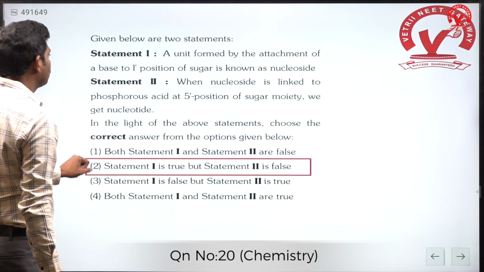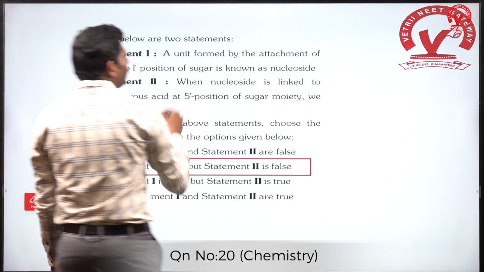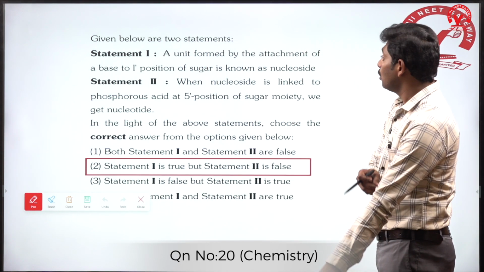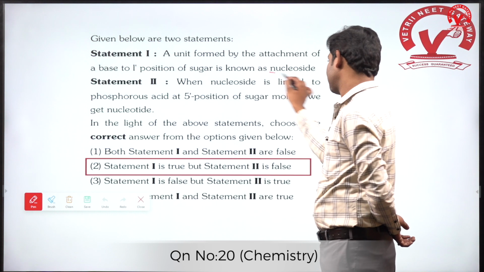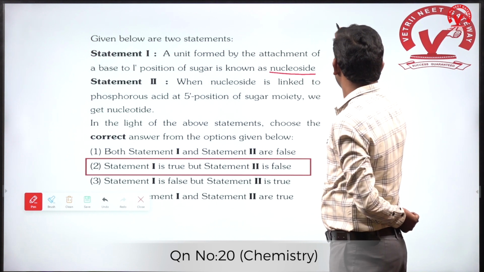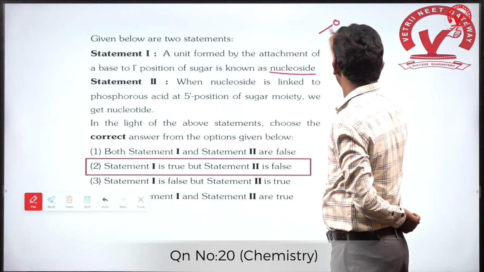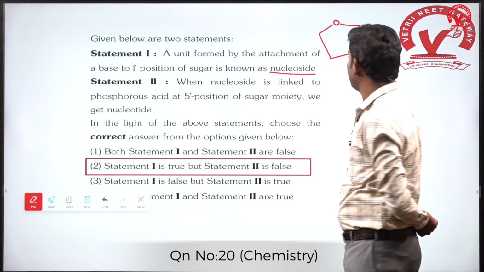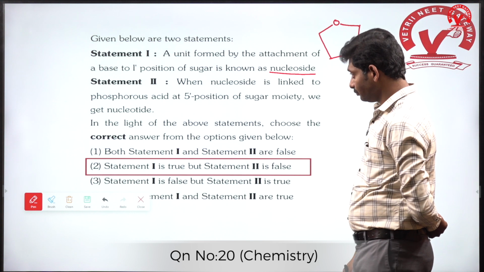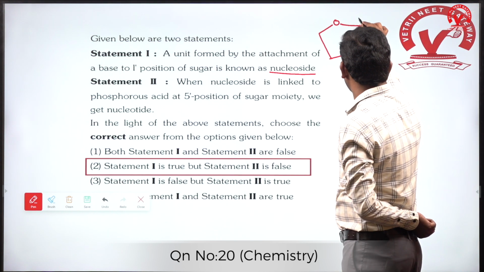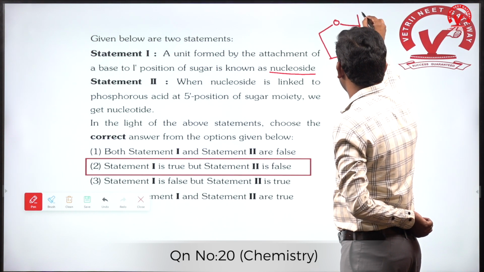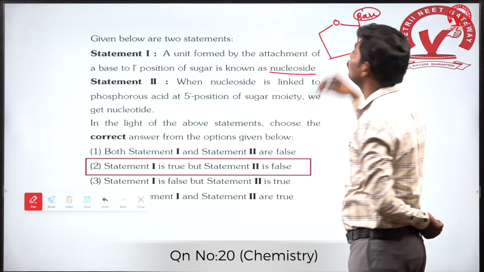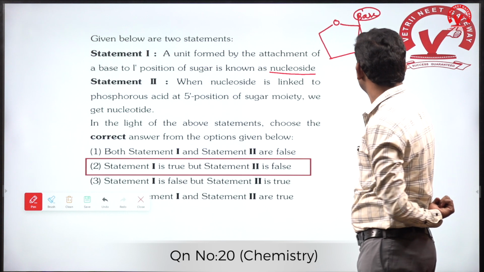Next question. A unit formed by the attachment of a base to the first position of sugar is known as a nucleoside. Yes, it is the correct option. So why? If you take a 5-membered ring sugar, and here in the first position there is a base, it is called a nucleoside.